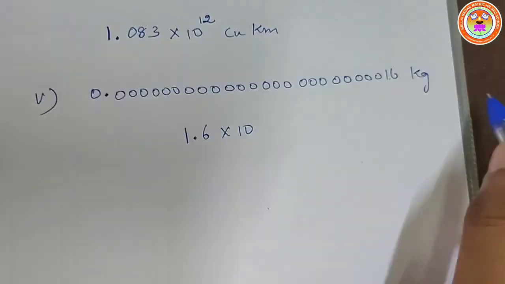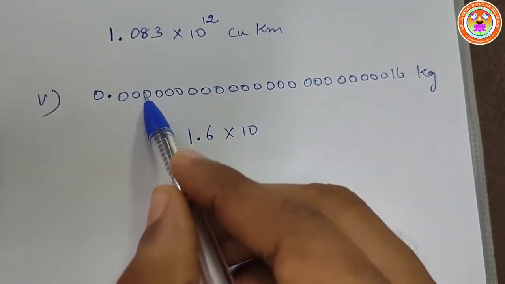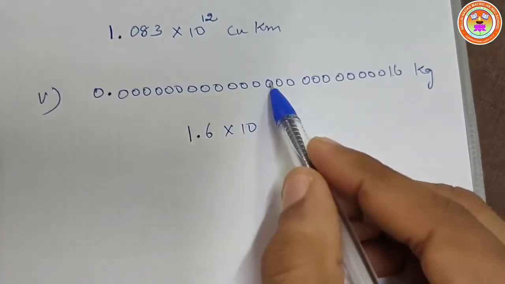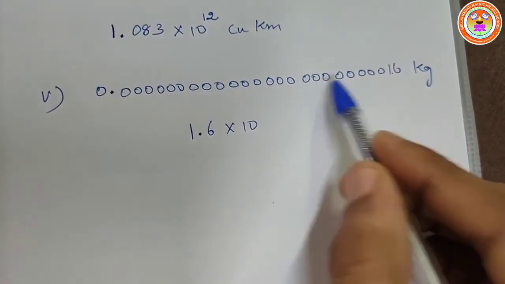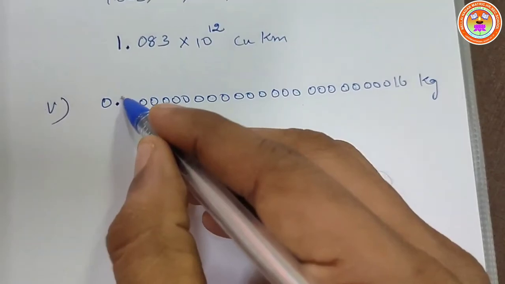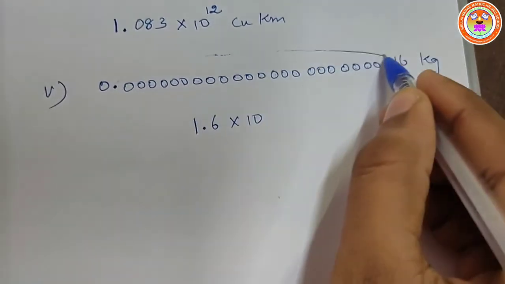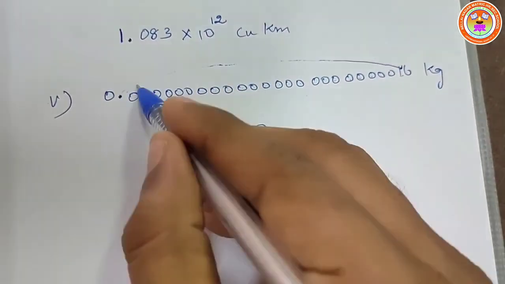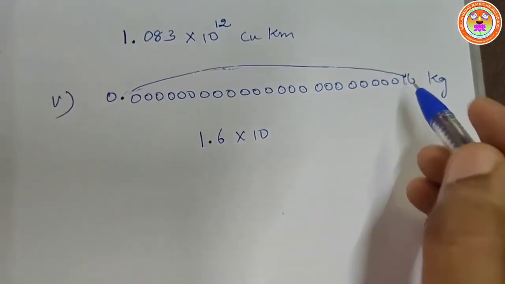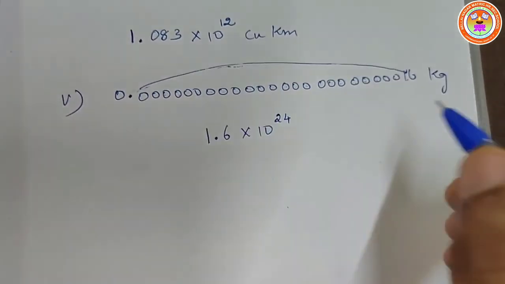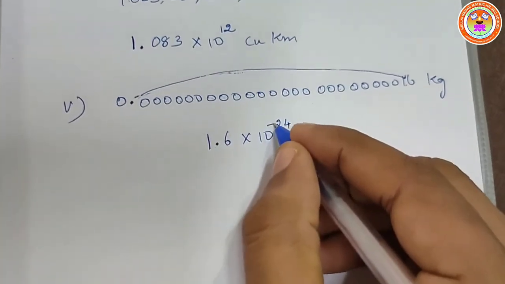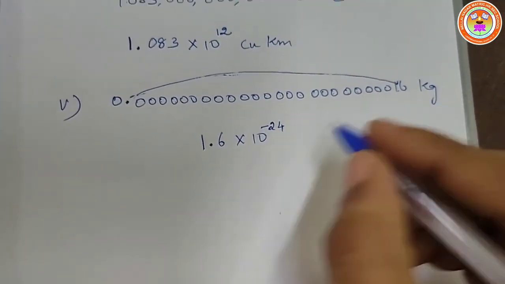How many decimal places is it moving? 1, 2, 3, 4, 5, 6, 7, 8, 9, 10, 11, 12, 13, 14, 15, 16, 17, 18, 19, 20, 21, 22, 23, 24 places. So it is 24. Since it is moving from left to right, you have to put negative. Clearly understood? And also you put kilogram.